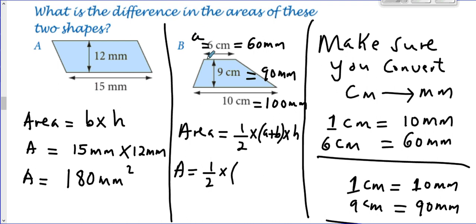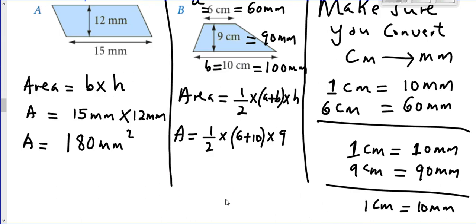A is 6 and B is 10. So go ahead adding 6 plus 10. The answer you get is multiplied by the height. Here the height is 9. Before you simplify, you have to add. So area will be equal to 1 over 2 times 16 times 9.